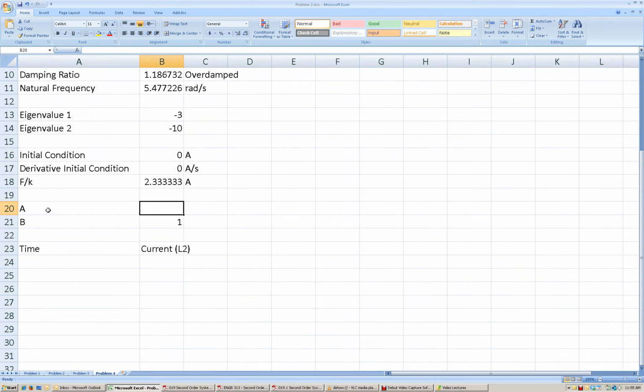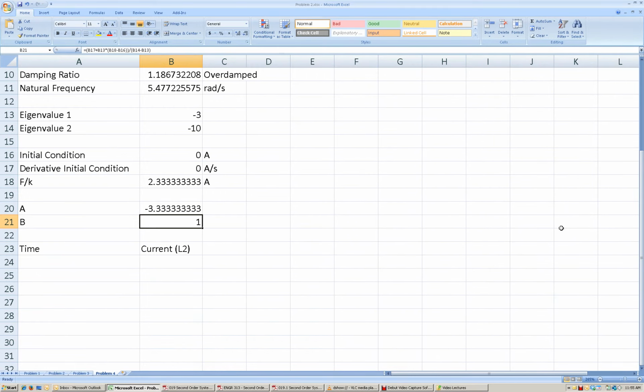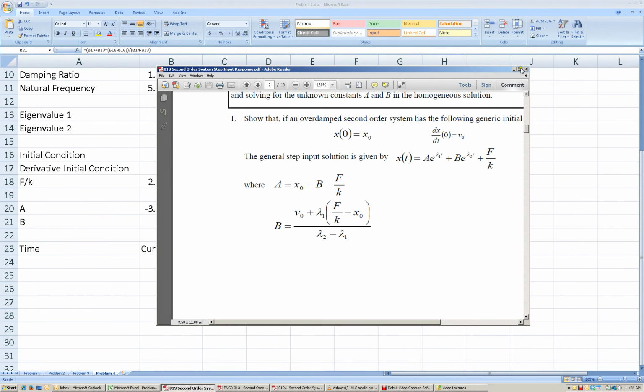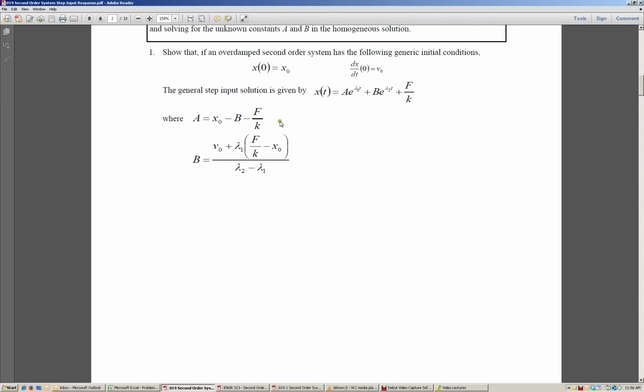And A is given by the initial condition minus B minus F over K. Now that we have those values, we can enter our general step input solution again, put that equation into Excel, and plot what that's going to look like as a function of time.